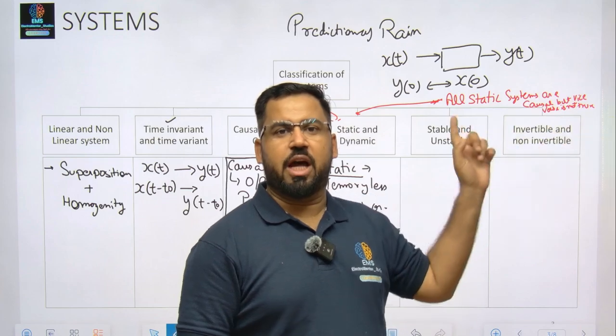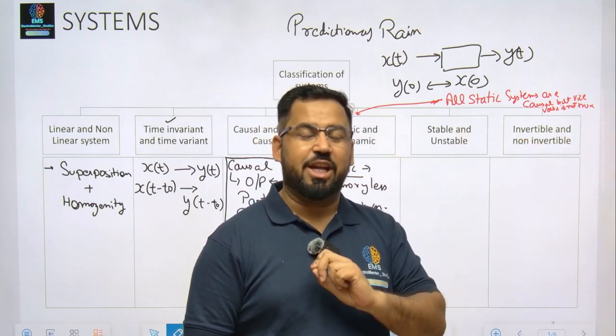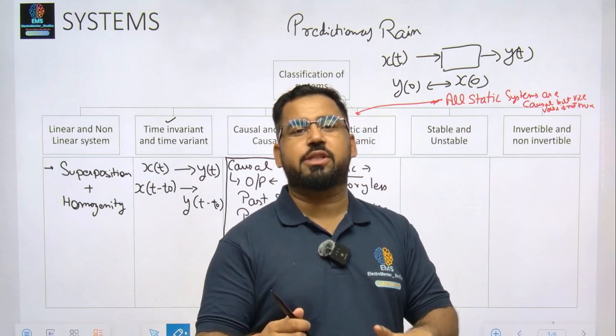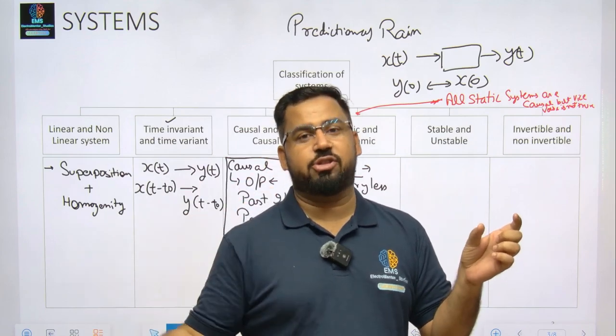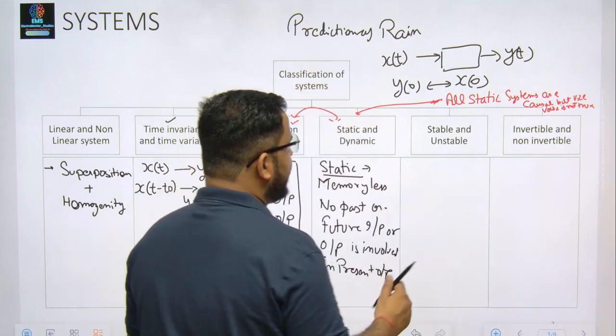All static systems are causal, but its inverse is not true. A causal system may be static, may not be static, but if a system is static, it has to be causal.